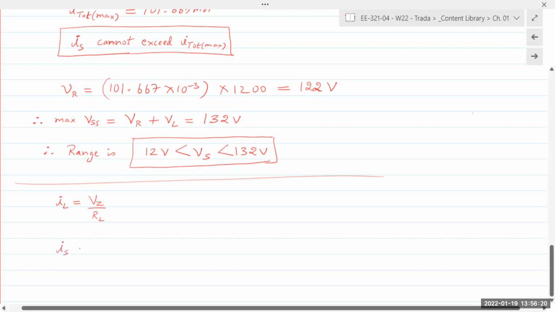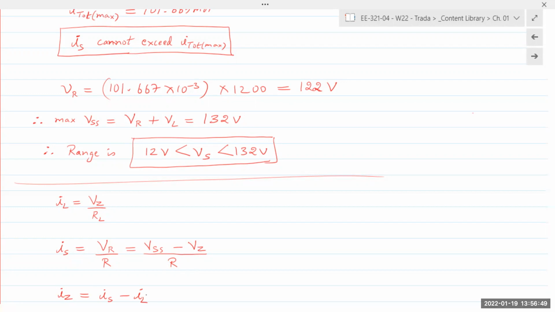And then IS, the source current, would be VR over R, and VR would be VSS, the supply voltage, minus VZ, divided by R. And IZ, of course, from KCL, we can simply write IZ is IS minus IL. Those are all the equations you need to actually analyze and design a Zener circuit. Those are the only things you need.